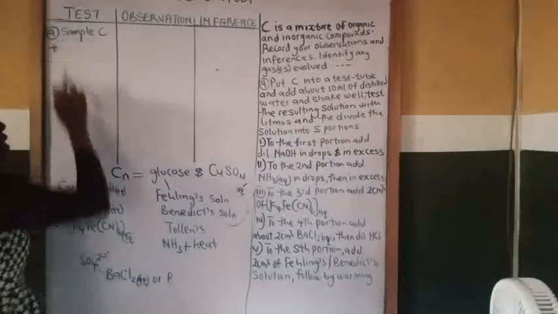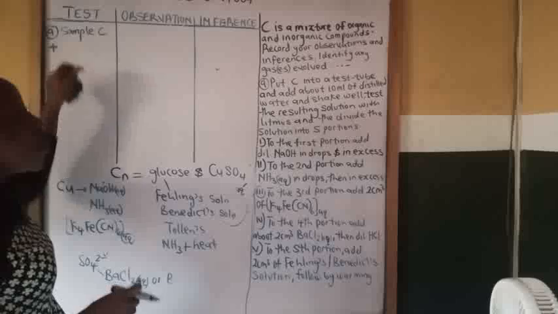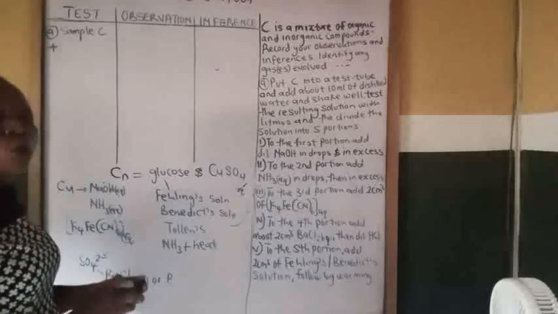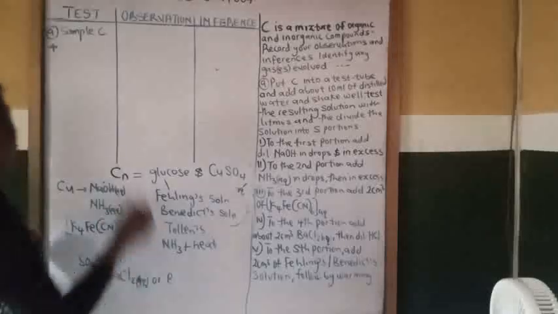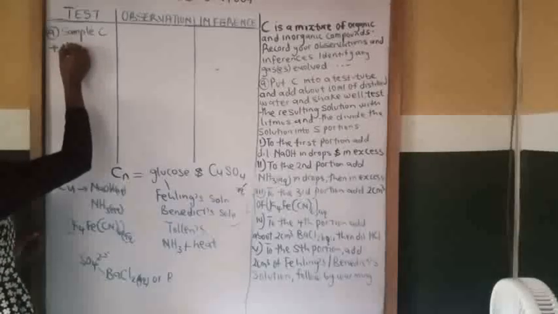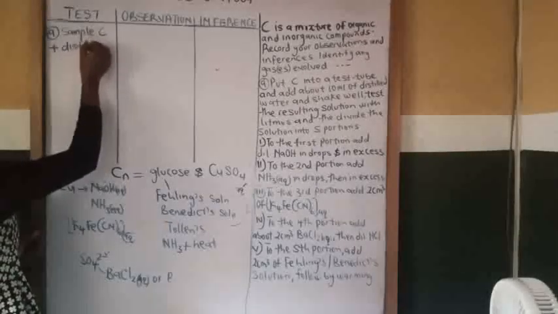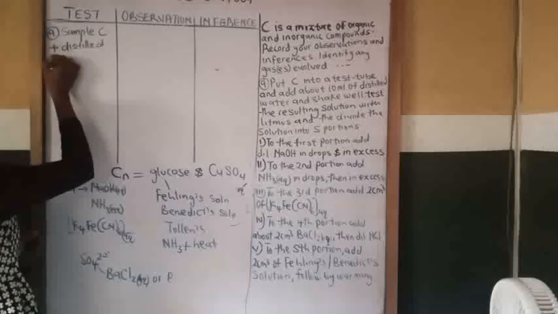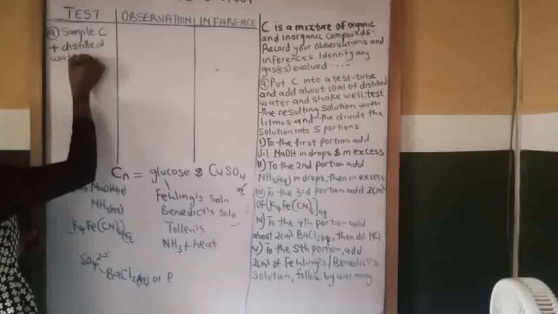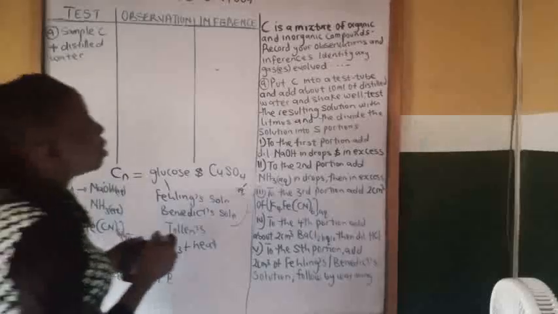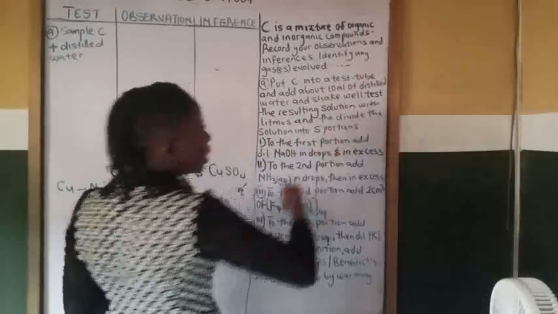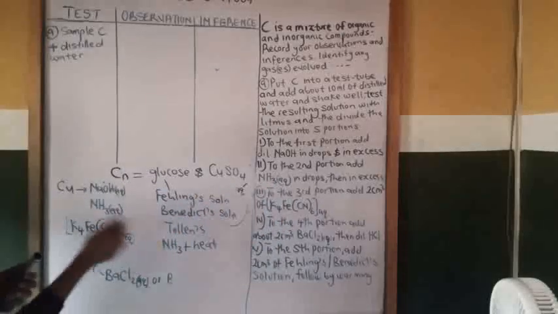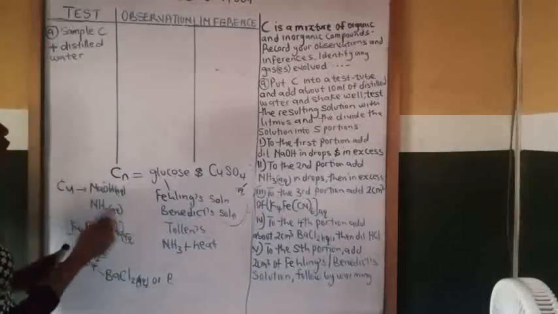You don't need to record the 10 ml here, but when you are carrying out the experiment, you add that 10 ml of distilled water. So just say plus distilled water and shake the mixture.